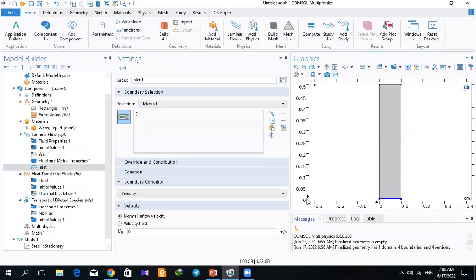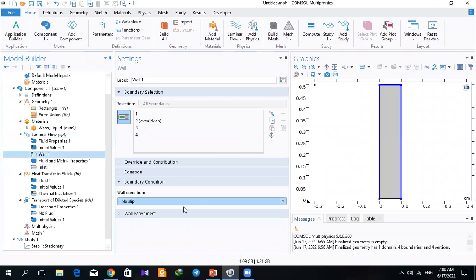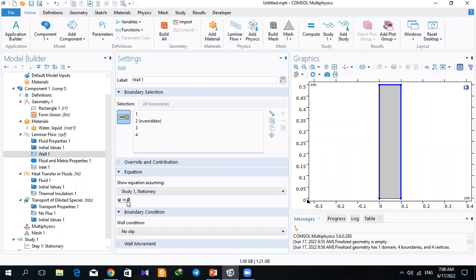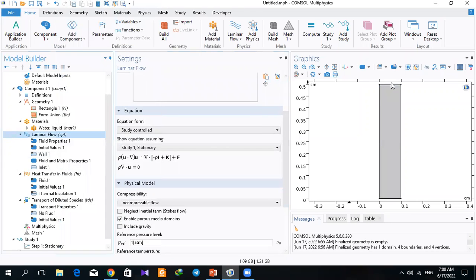So secondly, I go to select inlet. I have inlet like 0.01 meter per second, and here are walls. So far already the boundary condition is velocity equal to 0, and I defined outlet.